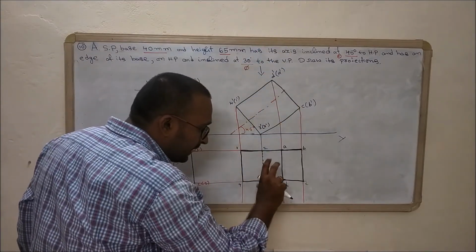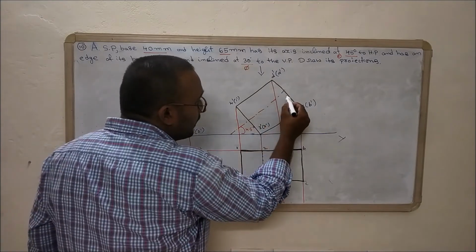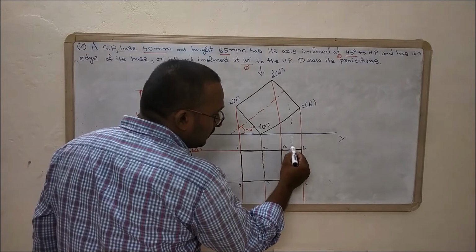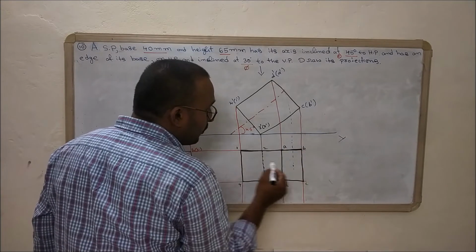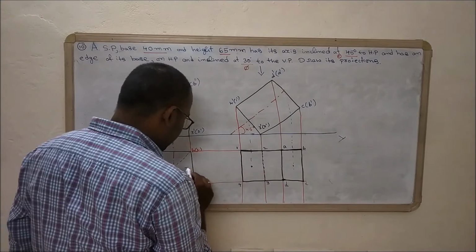Now we need to rotate at an angle of this edge. So here you can see this is the projection of that particular point of the center axis.